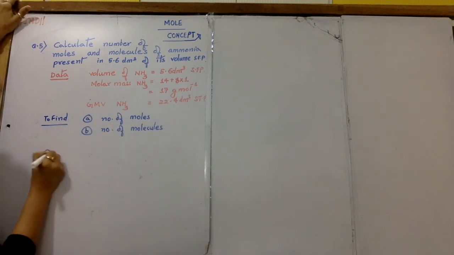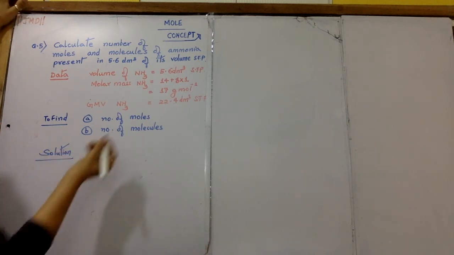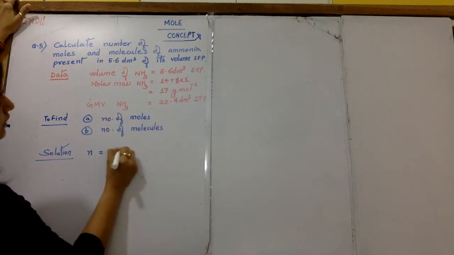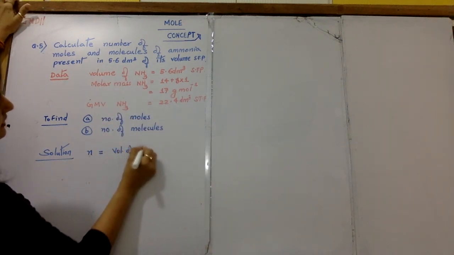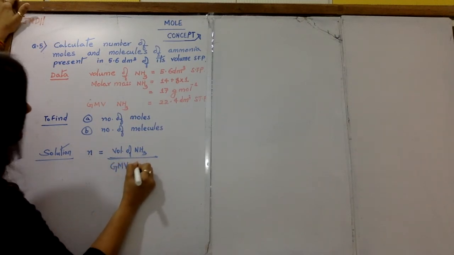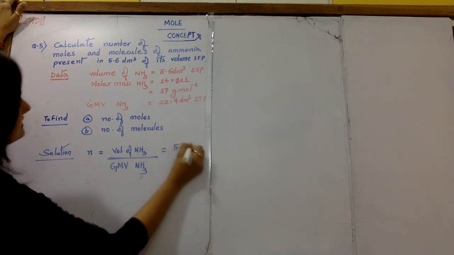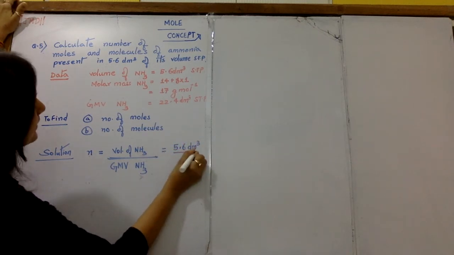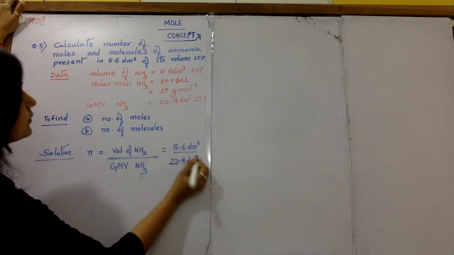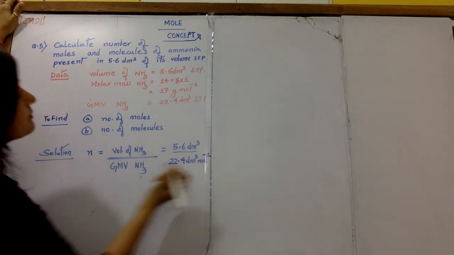Solution. Number of moles, which formula will we take? We are given volume, so n will be volume of ammonia upon gram molar volume, GMV, of ammonia. So that becomes 5.6 dm cube upon 22.4 dm cube per mole.